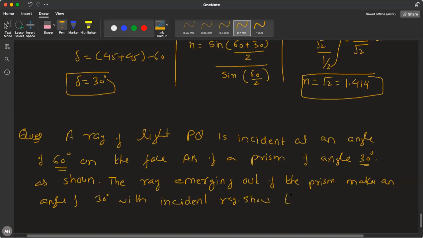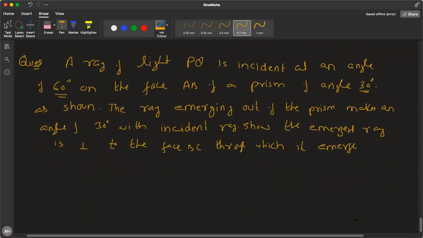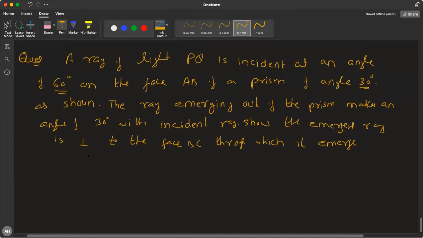Show that the emergent ray is perpendicular to the face BC through which it emerged. Also calculate the refractive index of the prism material.